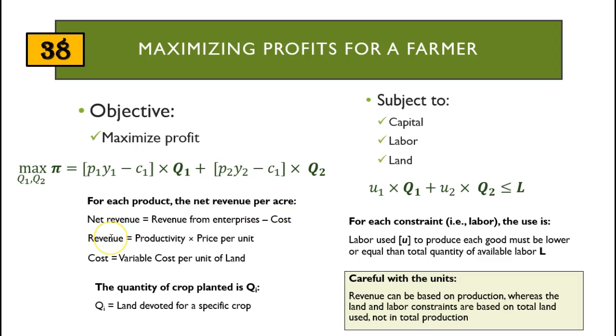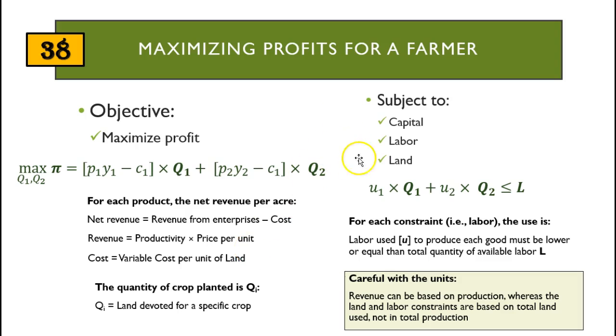The revenue is price times quantity, where the price is dictated by the market and the quantity is given by the productivity of the land. The cost is mainly driven by the variable cost per unit of land.